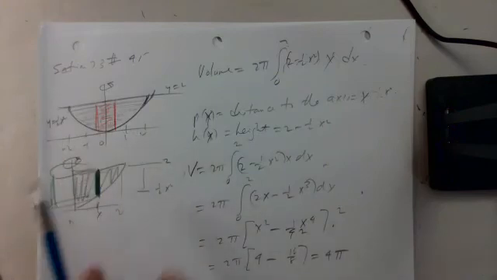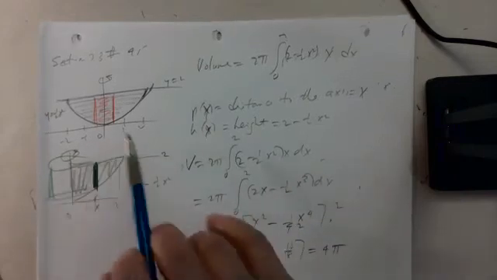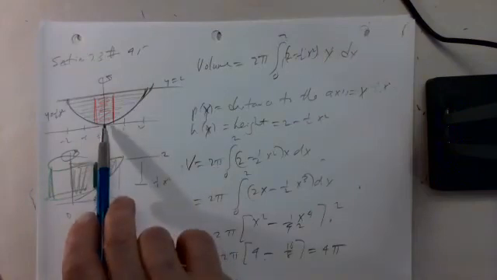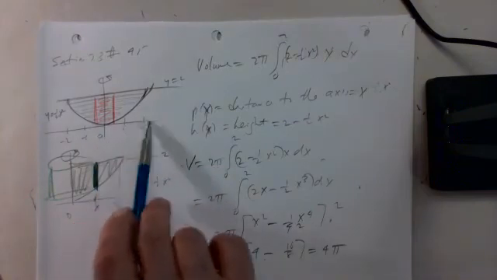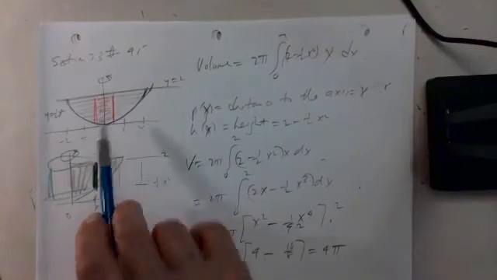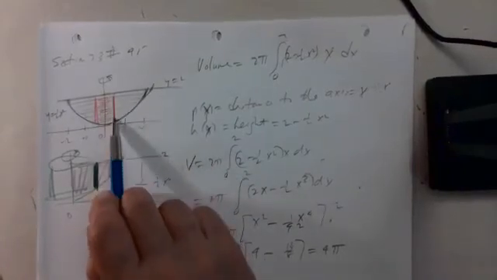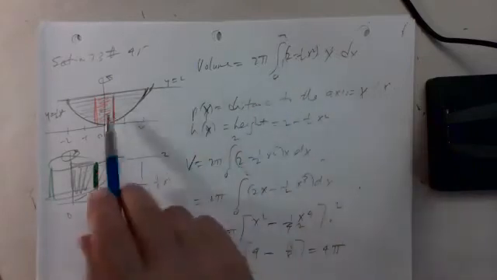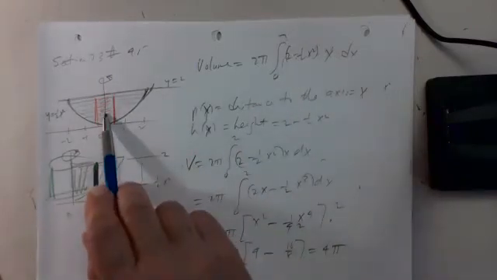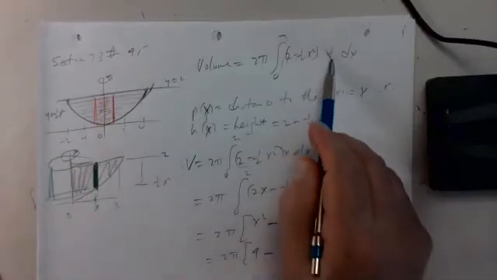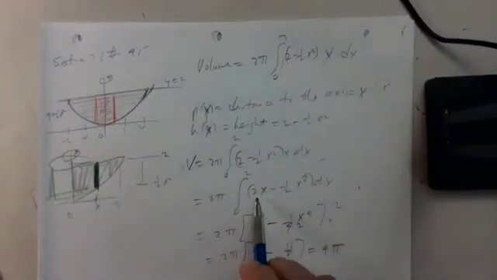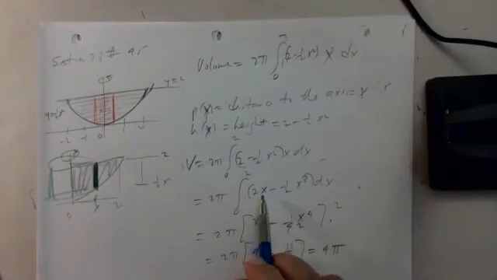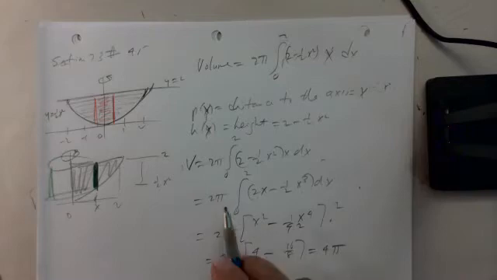So let me double check the work and make it clear. The volume is an integral with respect to x. X goes from 0 to 2. For any x, this vertical slice through the body has height 2 minus a half x squared. And the distance to the axis is x. So we're integrating 2x minus a half x cubed times 2 pi.